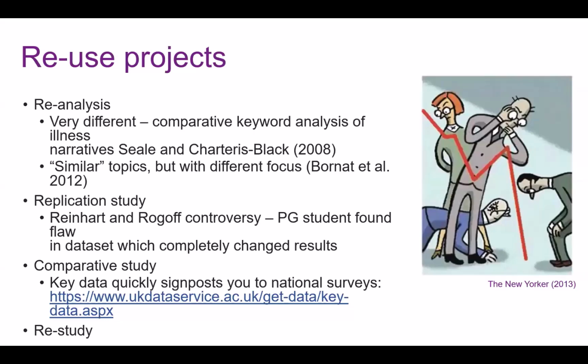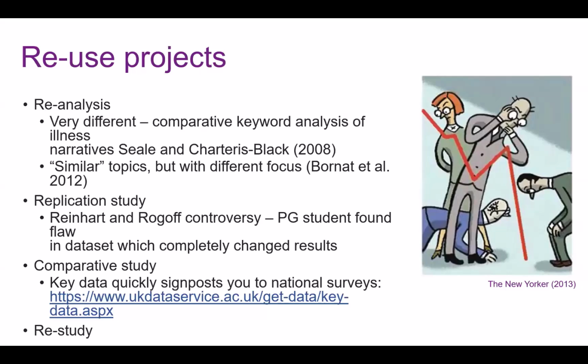So while you might be exploring data without a specific question in mind and instead just seeing what's out there on the topic, you may want to start thinking about what kind of research design your project will follow. So there are 4 types of reuse projects, which I think can lend themselves well to a dissertation project. And these are reanalysis, replication study, a comparative study, and a restudy.